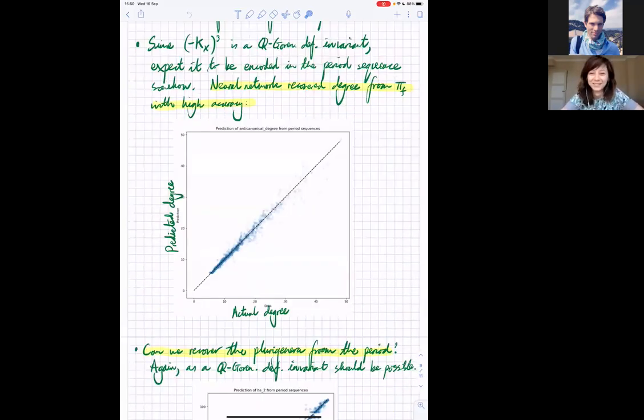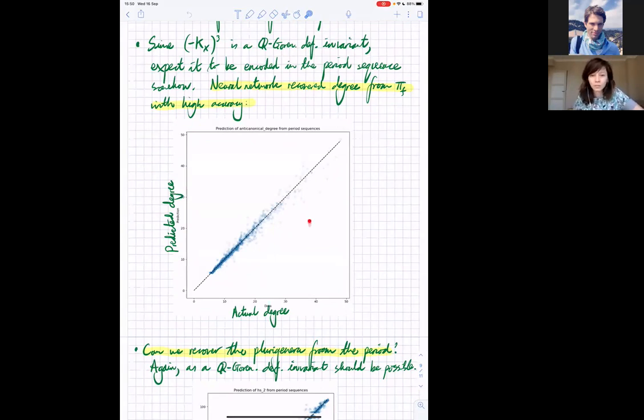The next thing that you can play with is this: can you predict the degree from the period sequence? The degree is a QG deformation invariant, so it should be possible to do it. And it turns out that neural networks can do this incredibly well.